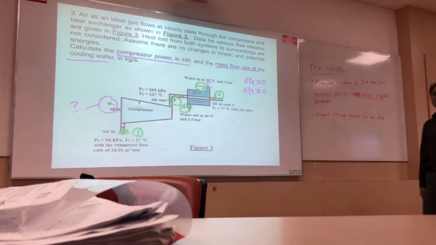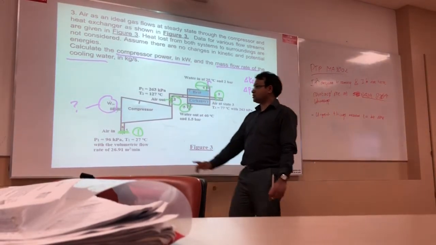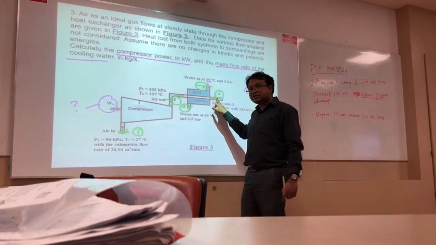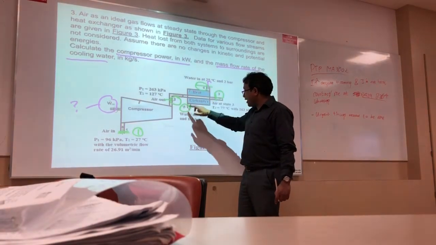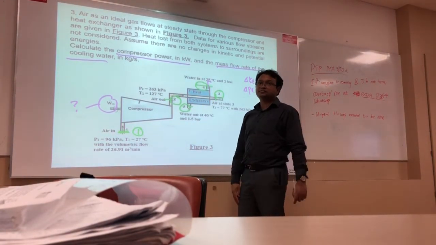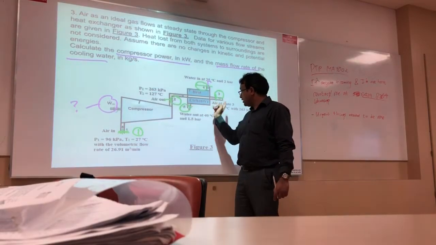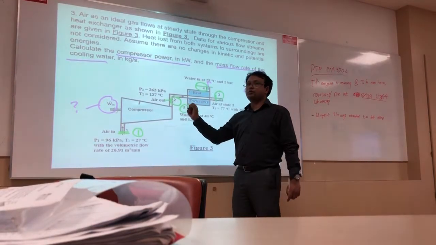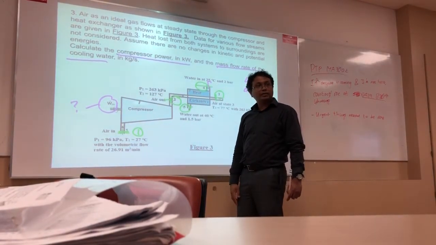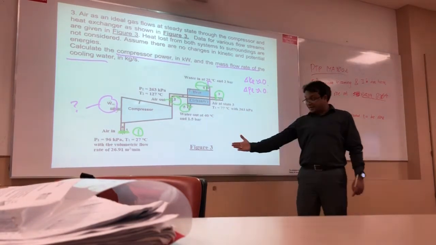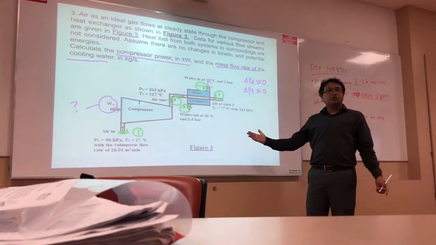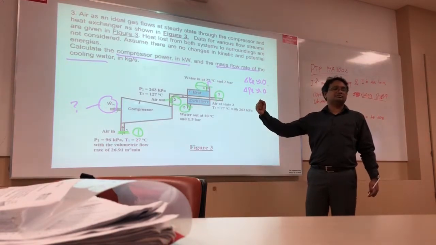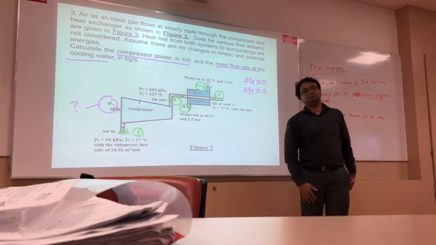How many processes? 3 processes. 1 to 2, air compression. 2 to 3, heat rejection by air. 4 to 5, heat absorption by water. So this is the understanding. Now I can solve easily. First is my mass balance. Later I do the energy balance. That's all. Not difficult.